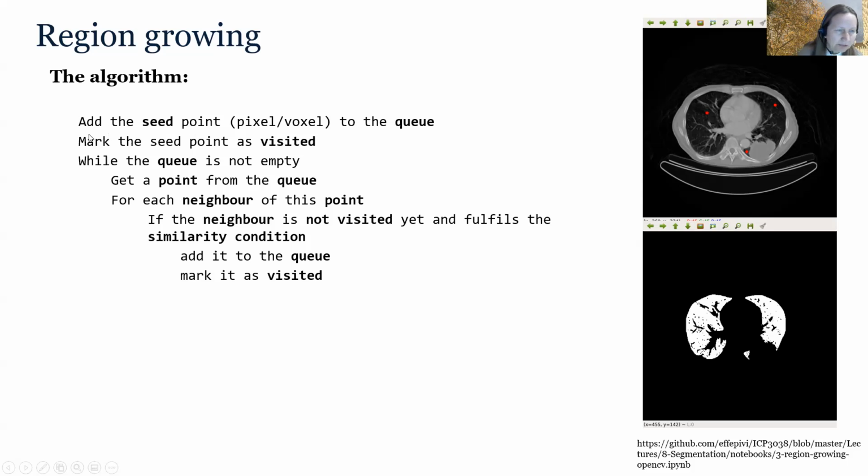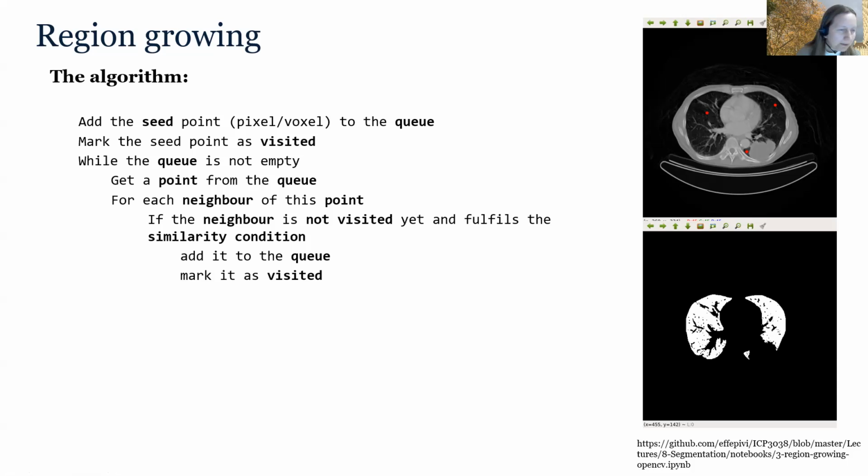Every voxel or pixel that goes into the queue is marked as visited, and the visited pixels and voxels will be the ones that end up in our final segmentation. We start with the seed points in the queue, and then we continue in a while loop, which runs while the queue is not empty. Let's have a look at what happens within the while loop.